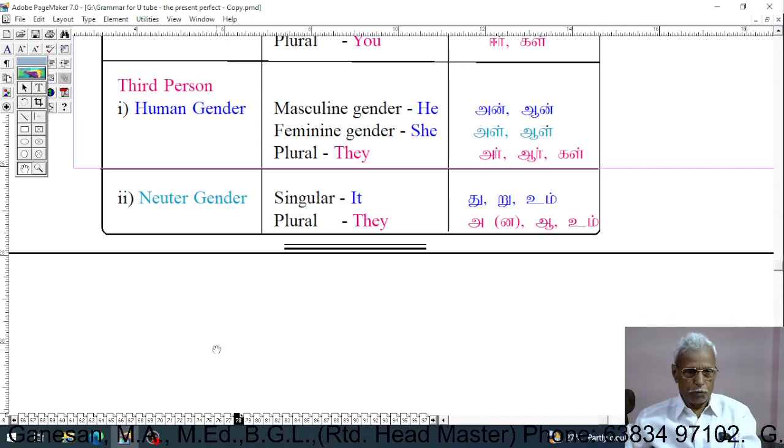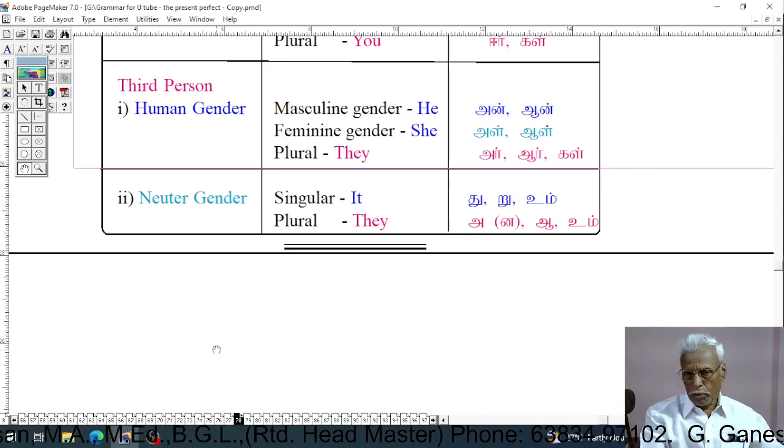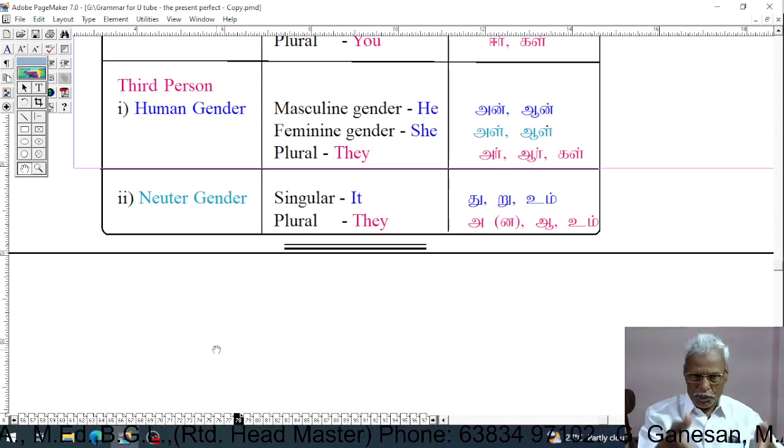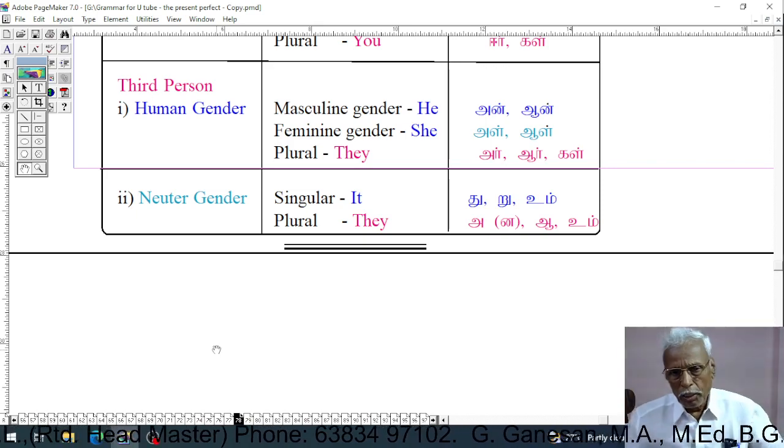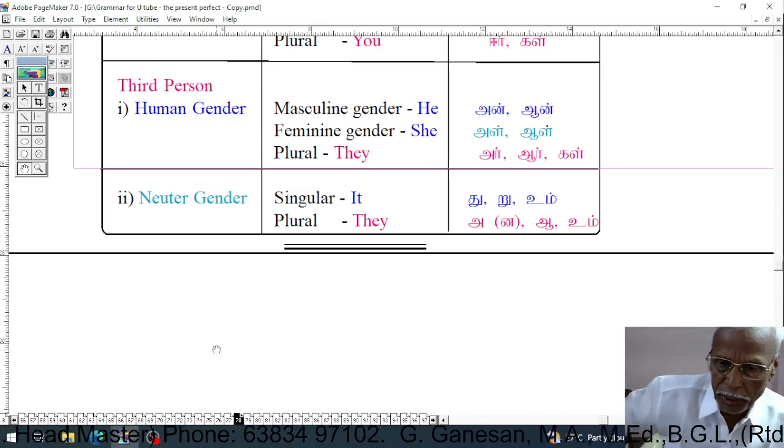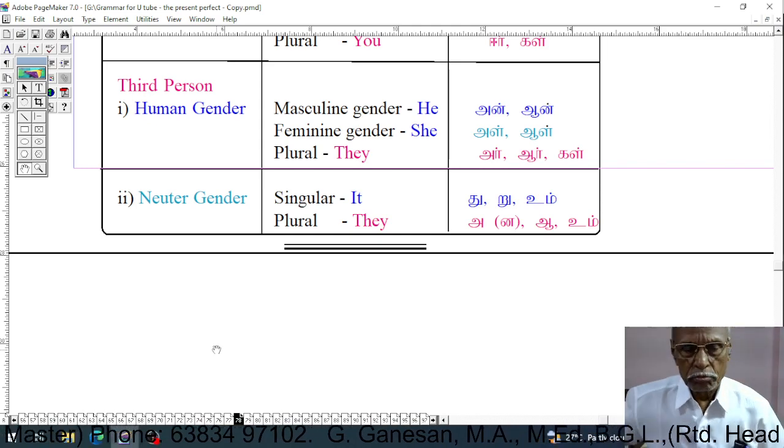That is for 3 future tenses. But for 6 tenses, continuous and perfect, the 3 tenses, they end in ன.